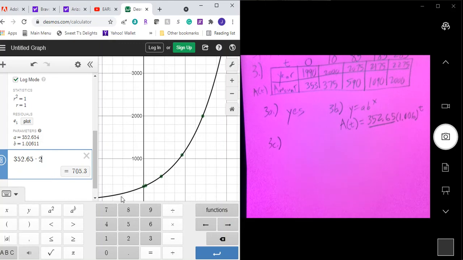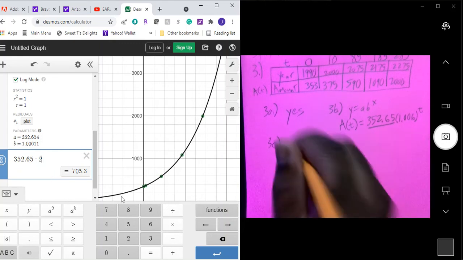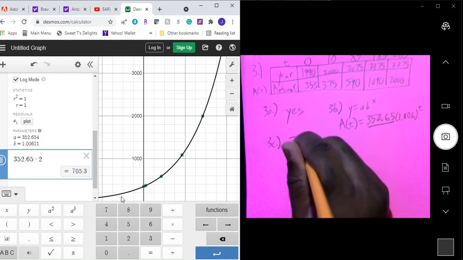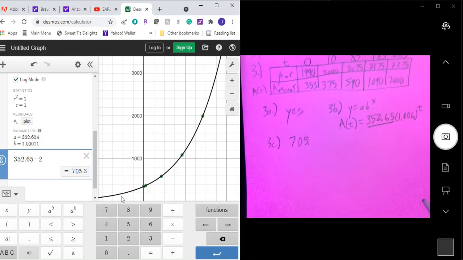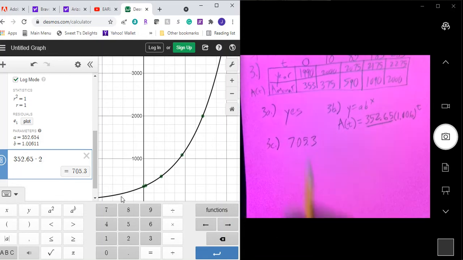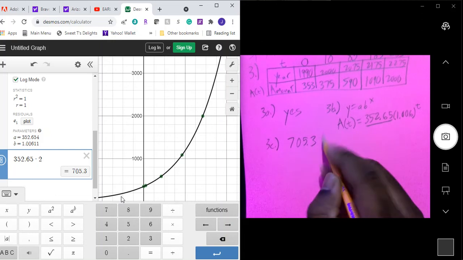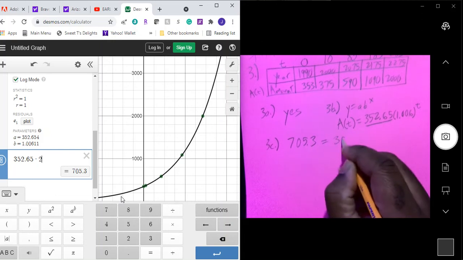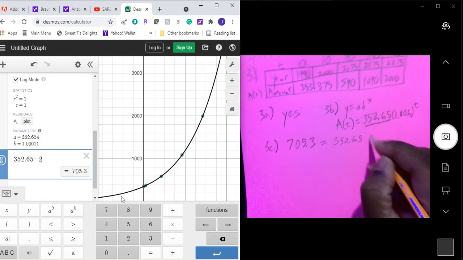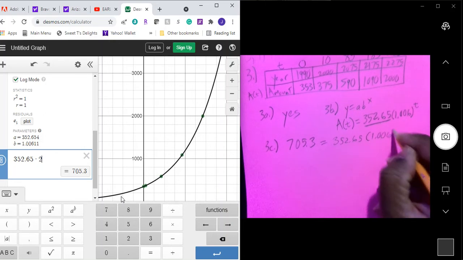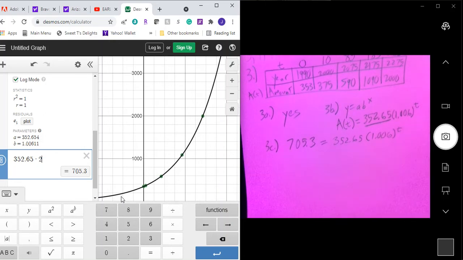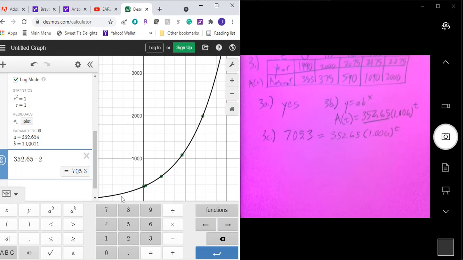So we would take this equation and put 705.3 in place of A of t and set it equal to 352.65 times 1.006 to the t power. Now, remember, t represents our years since 1990. So we have to get t by itself.